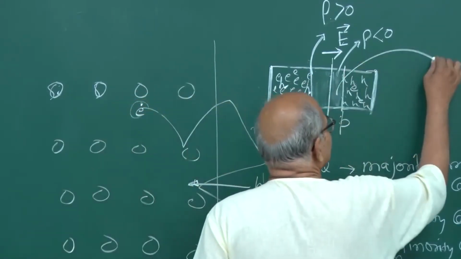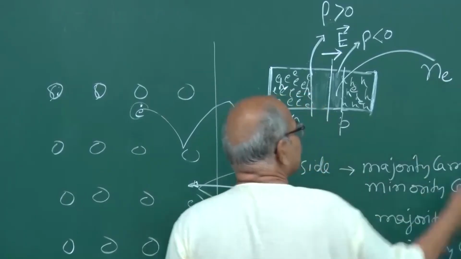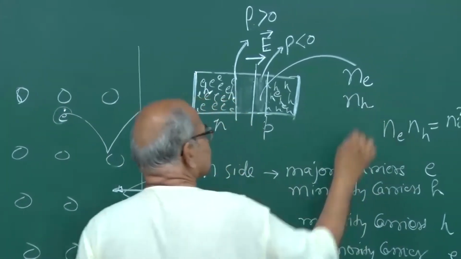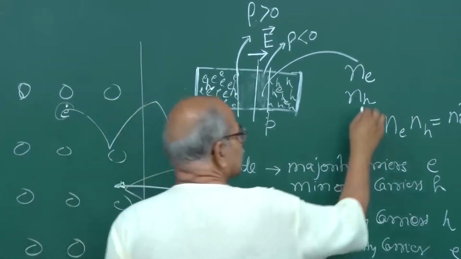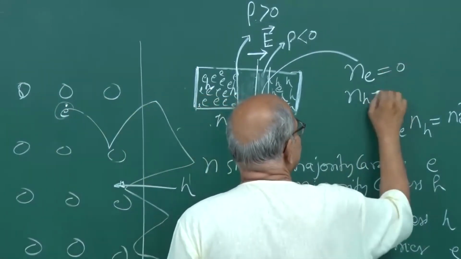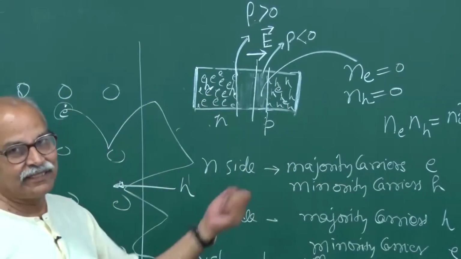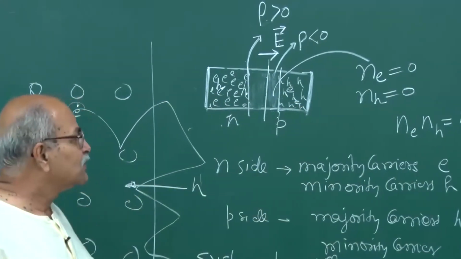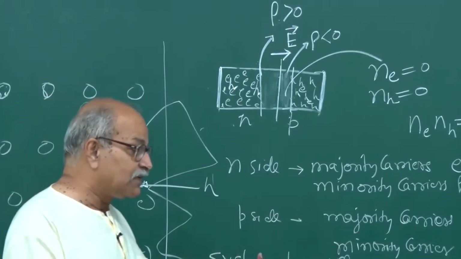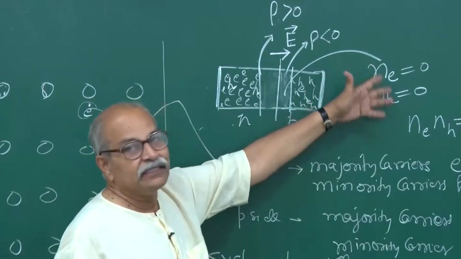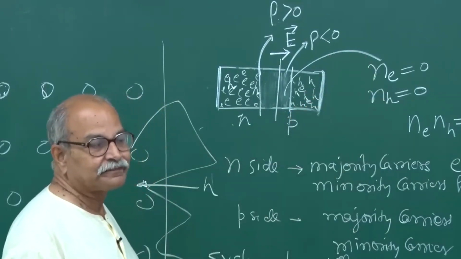The number of electrons per centimeter cube, or number of holes per centimeter cube, this becomes 0. 0 means negligible. One or two here and there may still be there, but not enough to be observable in a circuit. So this is almost 0.